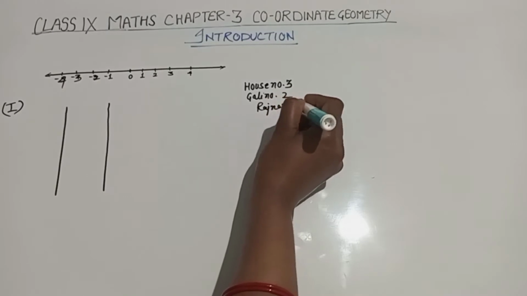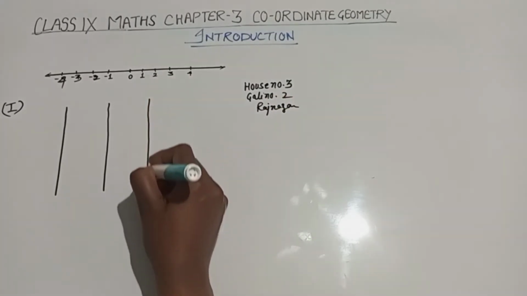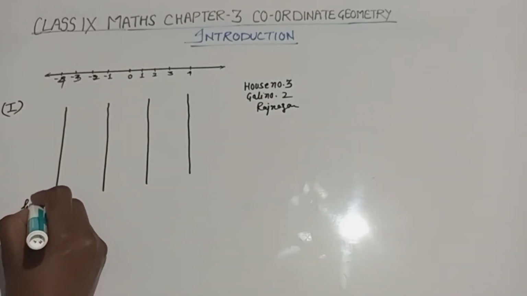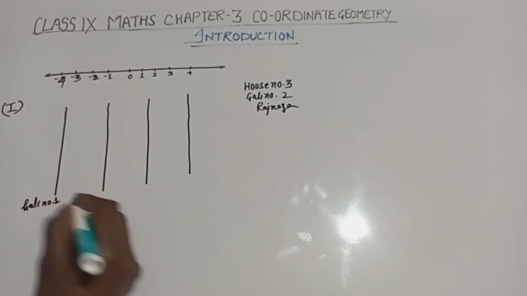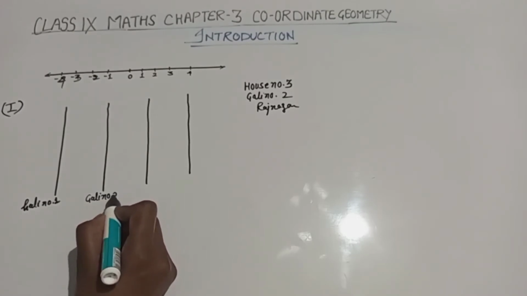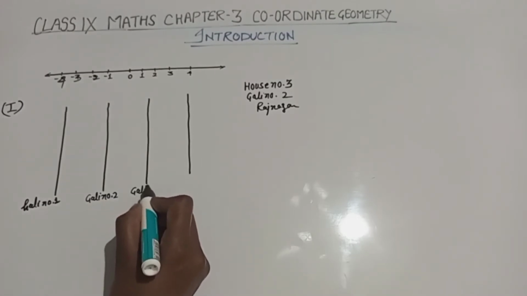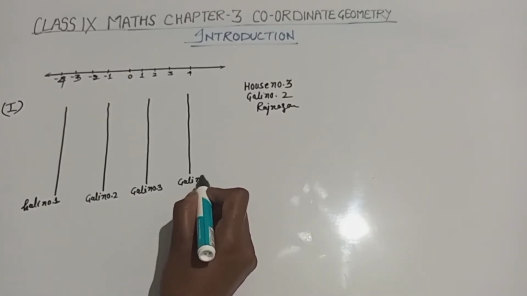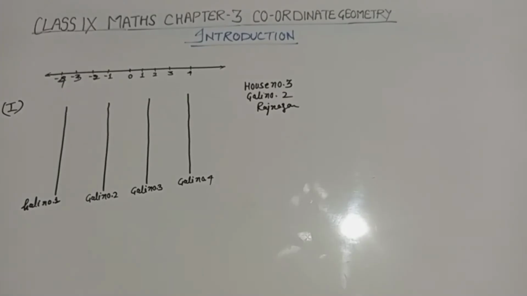In the locality Rajnagar there are 4 gullies: gully number 1, gully number 2, gully number 3, and gully number 4. Now, house number 3, gully number 2.